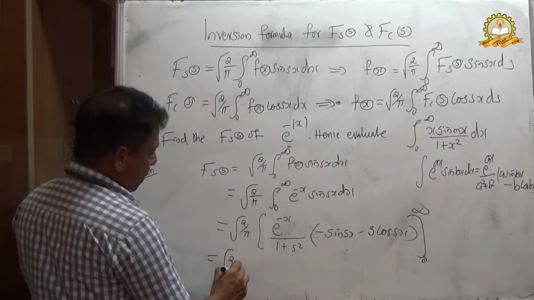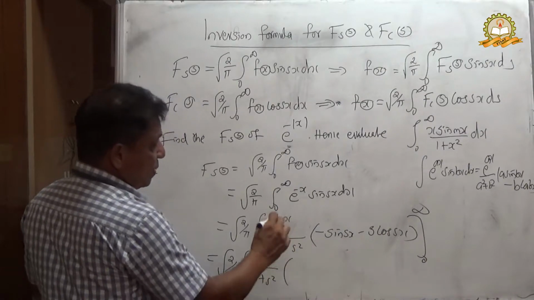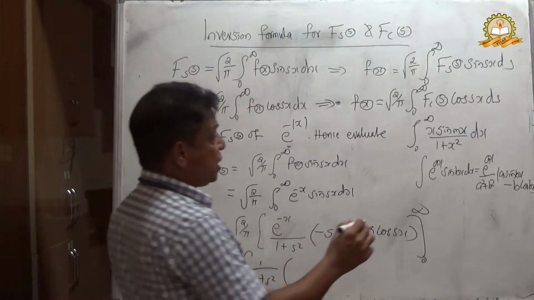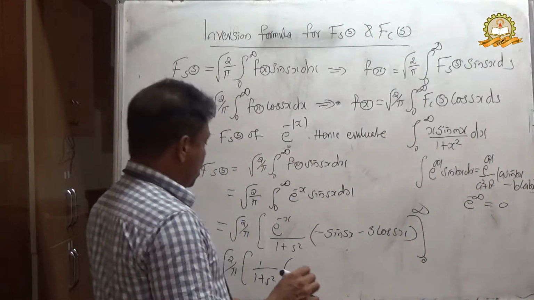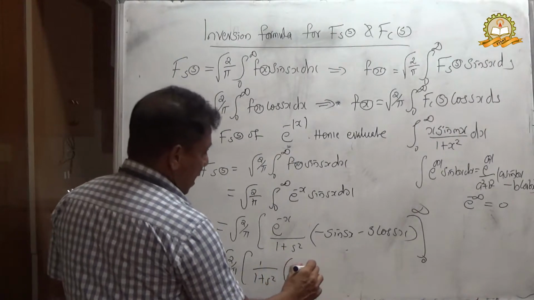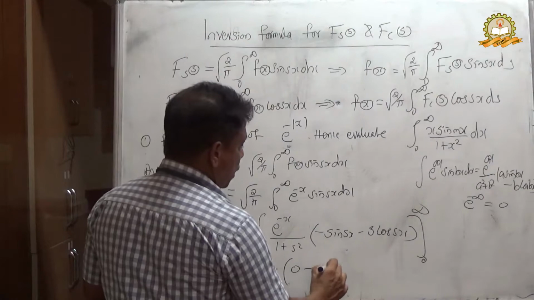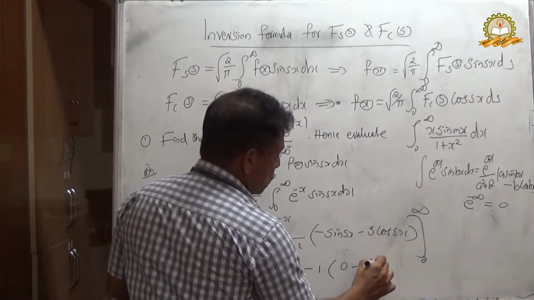Root of 2 by pi into 1 by 1 plus s square. When we apply the upper limit, we get e raised to minus infinity. Yesterday we discussed e raised to minus infinity is counted as 0. Therefore 0 minus, applying the lower limit, 1 into 0 minus s into 1.